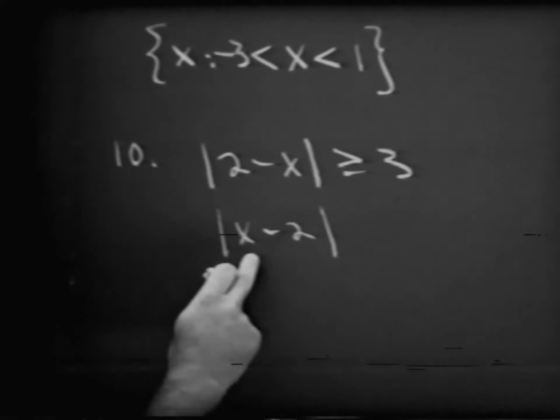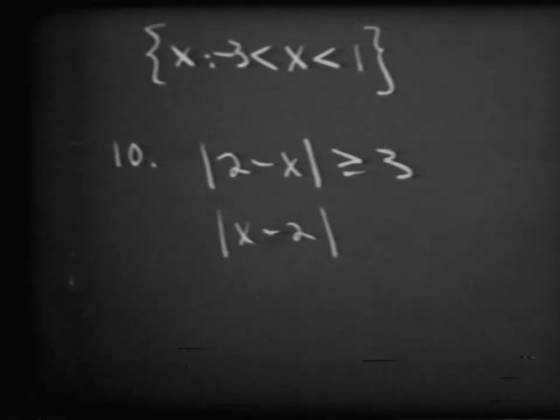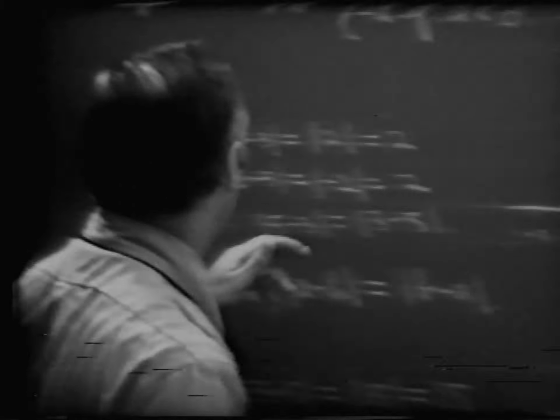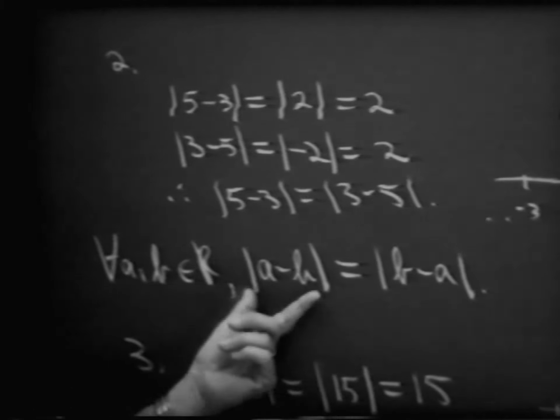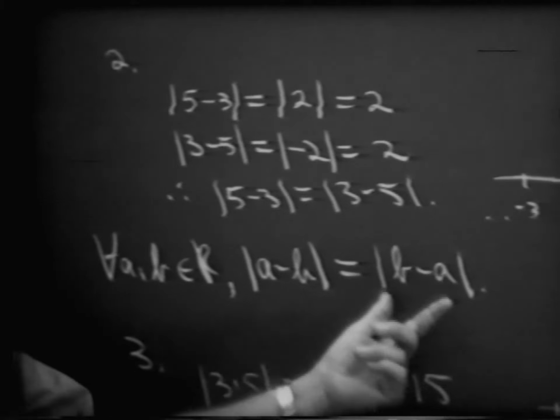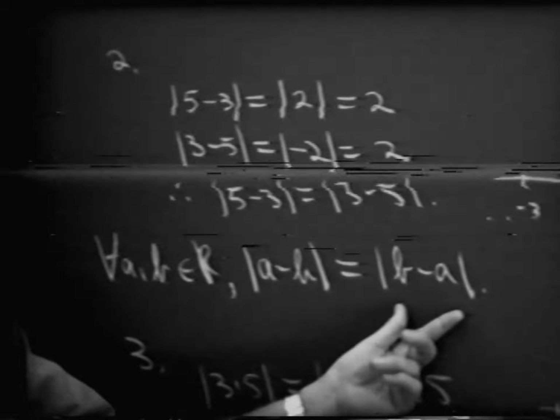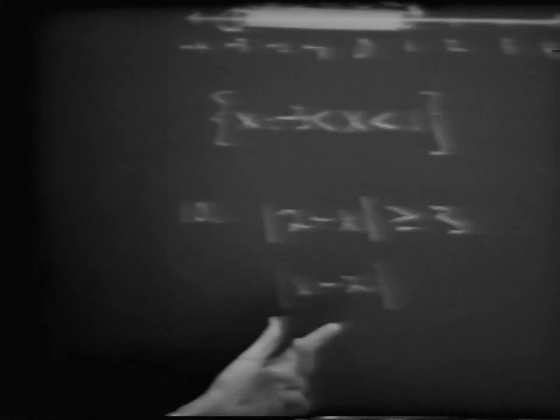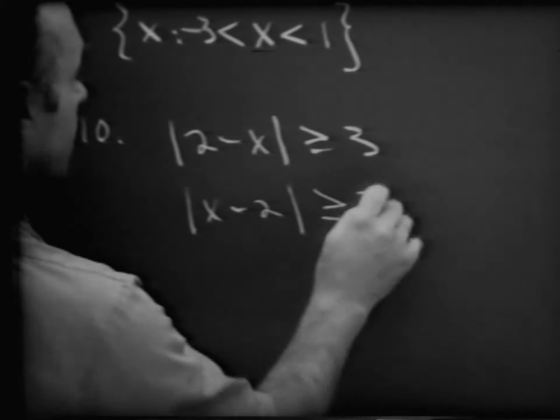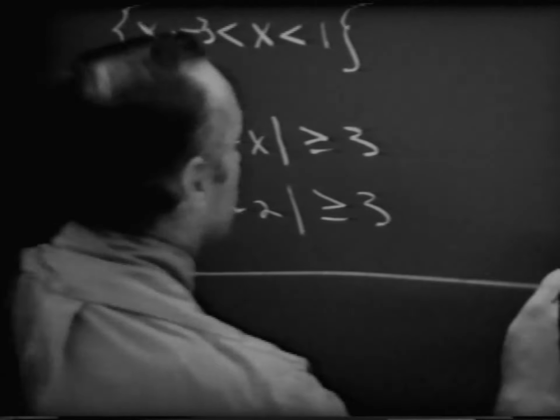Yes. From what we said over here in our second idea, in which we had for every a and b belonging to the set of real numbers, the absolute value of a minus b is the same as the absolute value of b minus a. Okay? So let's then come back here to our example, in which we simply will rewrite it, and then this is greater than or equal to 3, and go right to your number line.